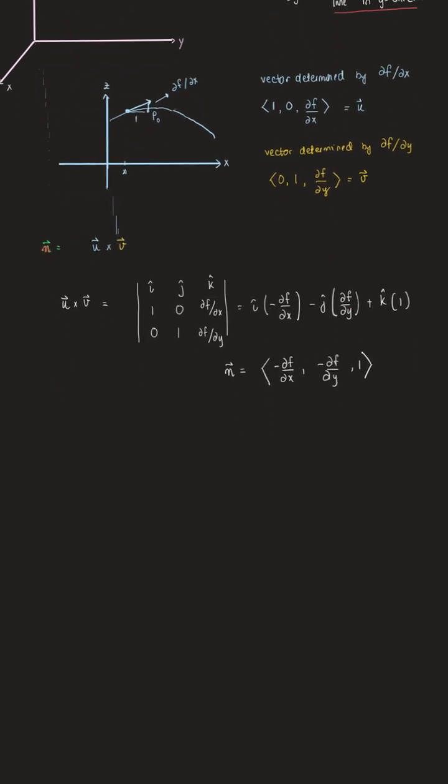Okay, we know that a vector on our plane will be x minus a, y minus b, z minus f of a, b. Because our initial point P naught has coordinates a, b, f of a, b, and any other point on the plane has coordinates x, y, z. We have our normal, so let's find our equation for the tangent plane.